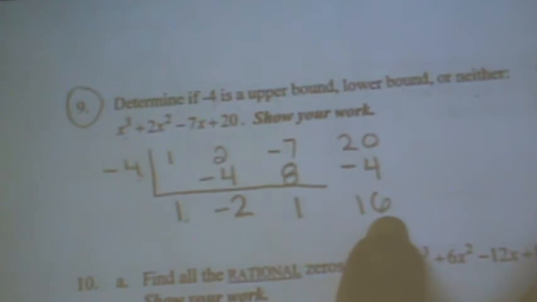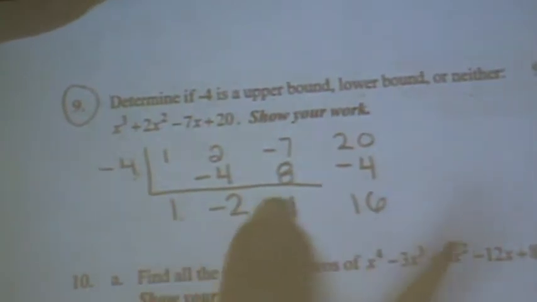If this were a negative number, it would have been a lower bound. But it went positive, negative, positive, positive. Does everyone understand what I mean by lower bound? If it goes positive, negative, it's a lower bound.